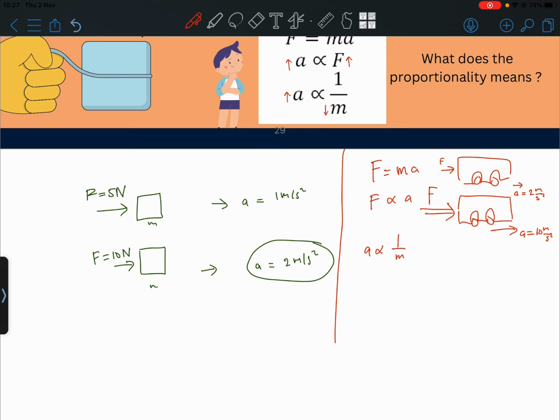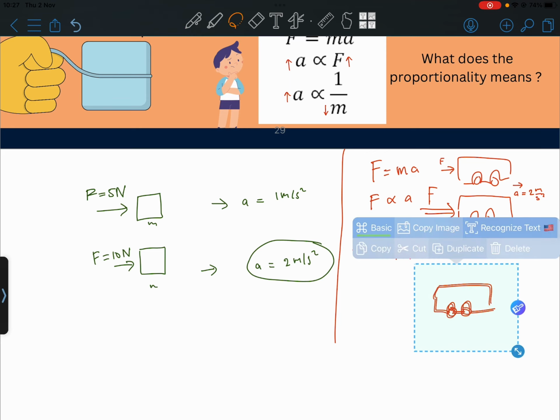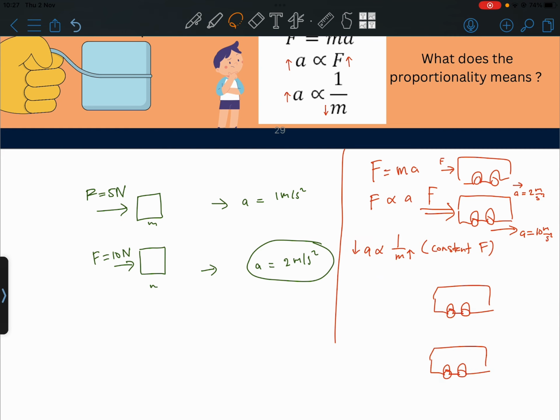What does it mean? It means that the higher the mass of the object, the smaller the acceleration will be for a constant force. So we have again the toy car. We have two toy cars, and we apply the same force.